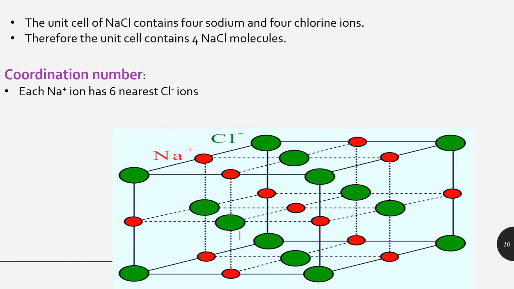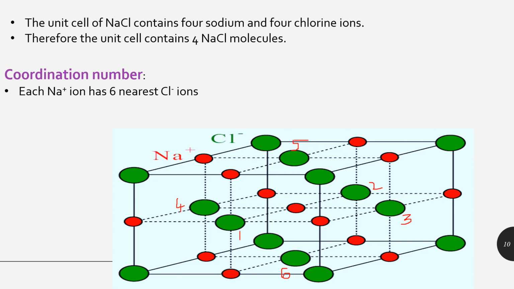opposite to this, then a second neighbor, then a third neighbor, this is the fourth neighbor, this is the fifth neighbor, and this is the sixth neighbor.